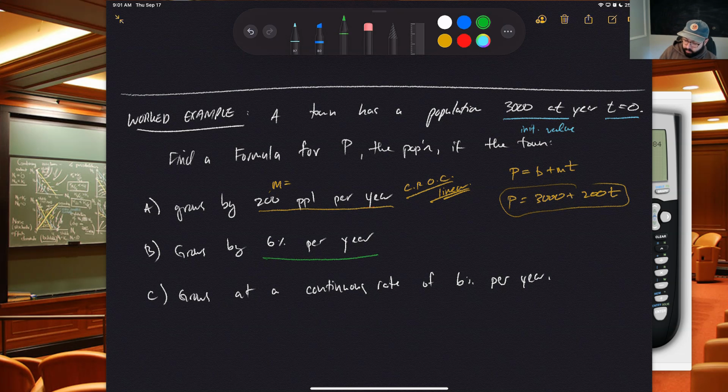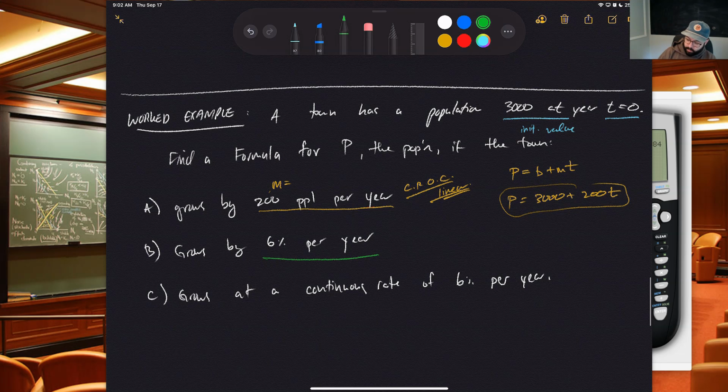So how about if it grew by 6% per year? What would that look like? This is exponential growth, right? Why? Because it's proportional to how much you have. So starting at 3,000 people and increasing by 6% per year, that's an exponential relationship.